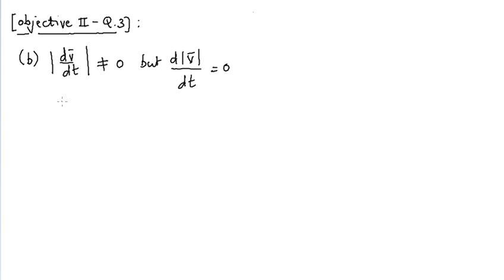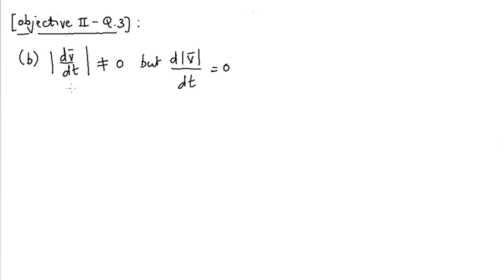Note that the option uses the word possible. It doesn't use the word compulsory, doesn't use the word necessary, which means that if we can even show as an illustration one case where this particular thing happens, then of course the option will be proved to be correct.